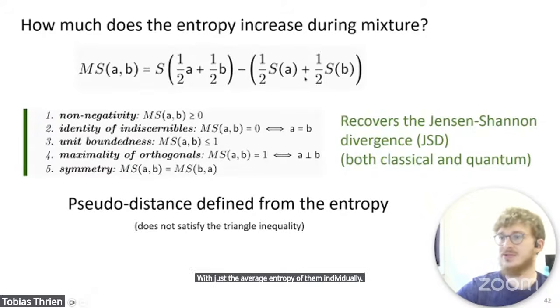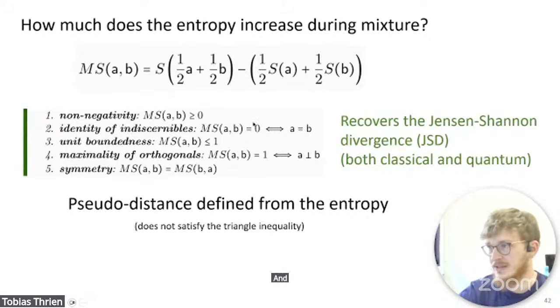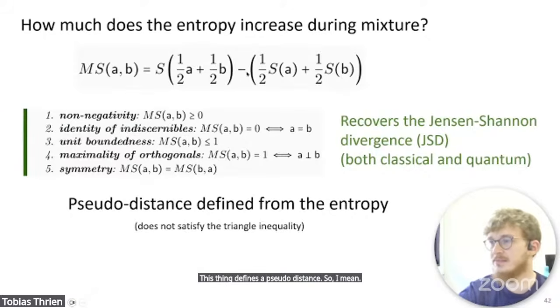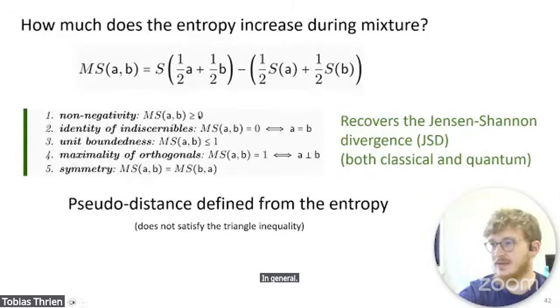And so you measure how much it went up. This thing defines a pseudo distance. If they are the same ensembles, then mixing them doesn't do anything, so you would just get the same entropy. So this pseudo distance will be zero. In general, it's then not zero.